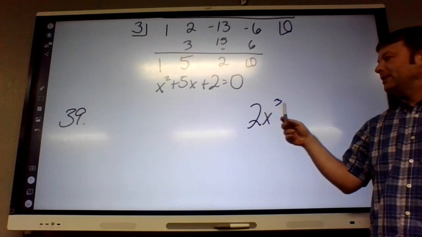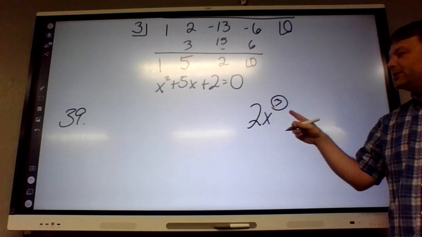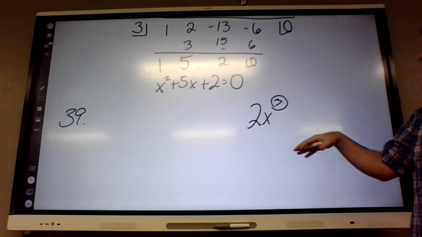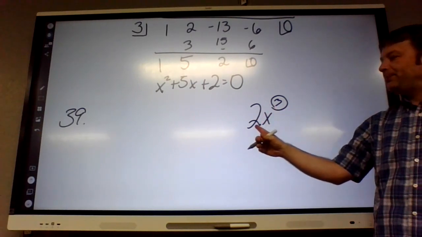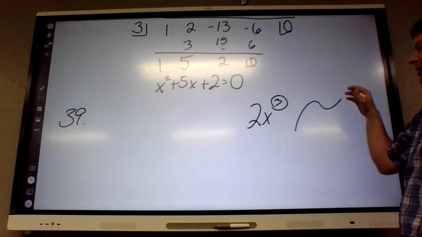An odd degree, an odd power, makes it go like down to up or up to down. If it's positive, it's going to go in a positive direction, so it's down to up.